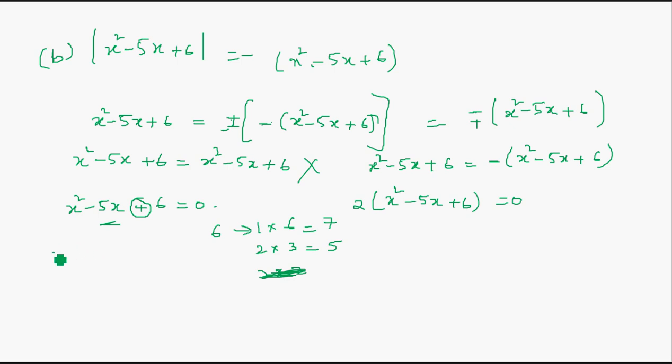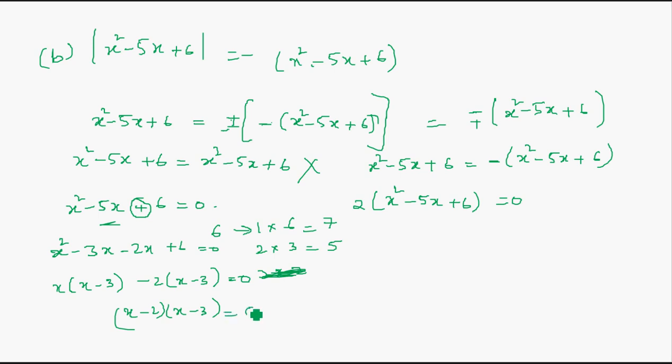For right now just try to understand this can be written as x square minus 3x minus 2x plus 6 is equal to 0. This can be simplified, x into x minus 3 minus 2 into x minus 3. Okay, so basically you got x minus 2 into x minus 3 is equal to 0.